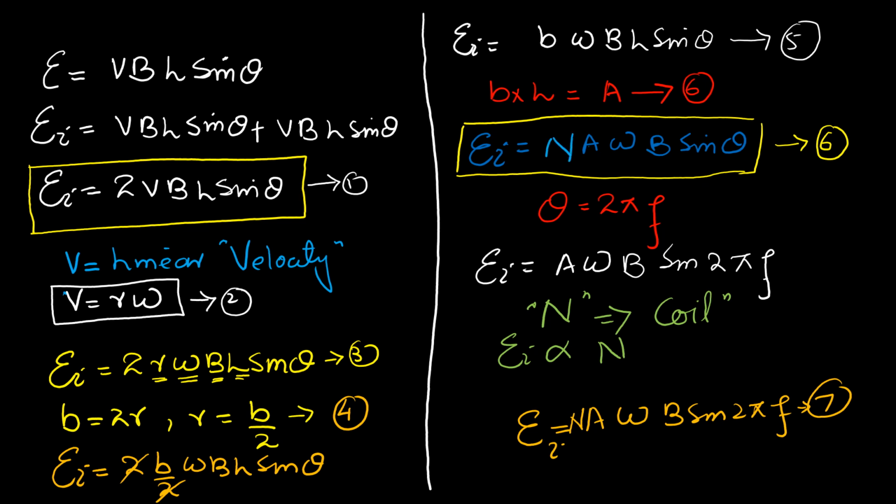This is the net induced EMF produced by an alternating current generator. Now, dear student, please note that the role of theta is very important. On the basis of theta, we can generate a wave diagram for the AC generator. So now let us generate a wave diagram for the AC generator.